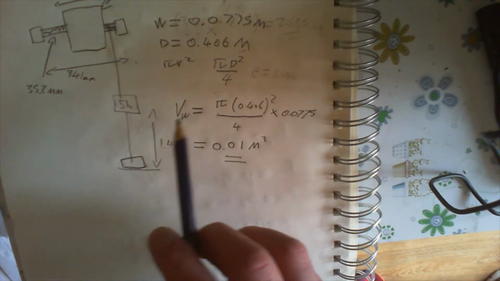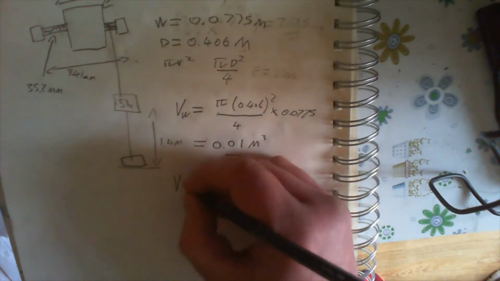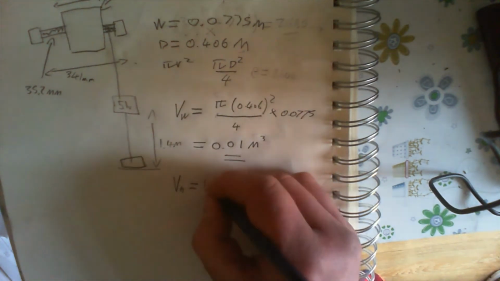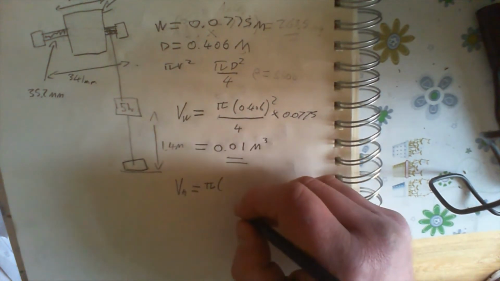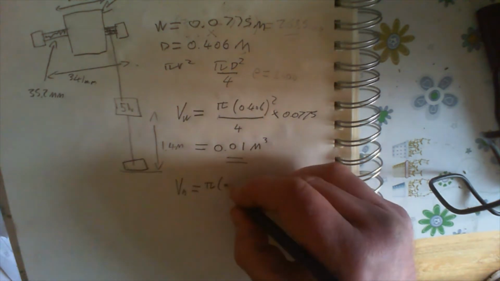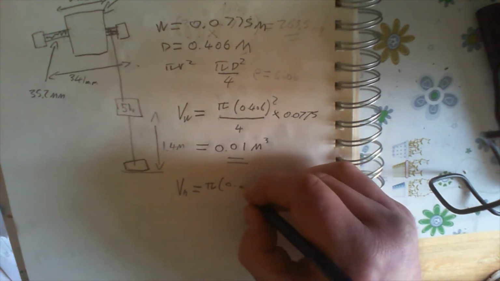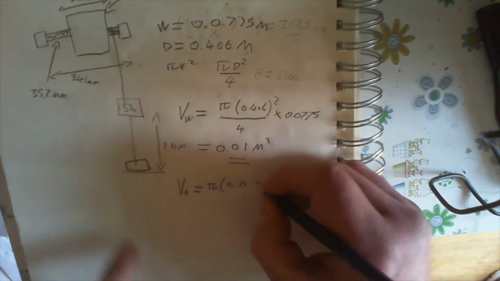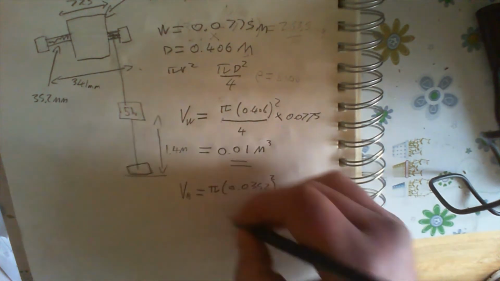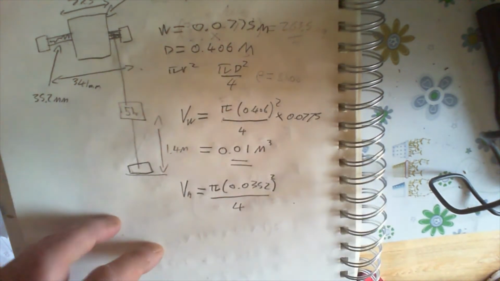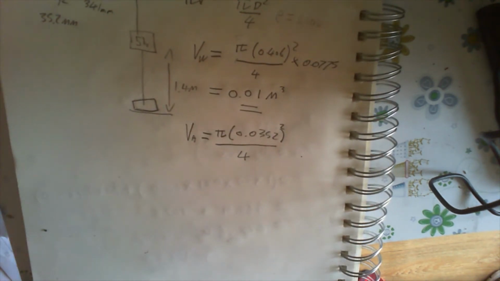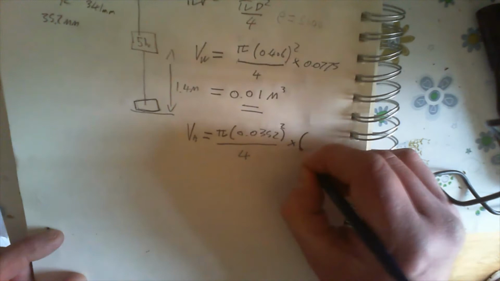So the axle is pi times the diameter here, in meters, 0.0352 squared, divided by 4, times the length.